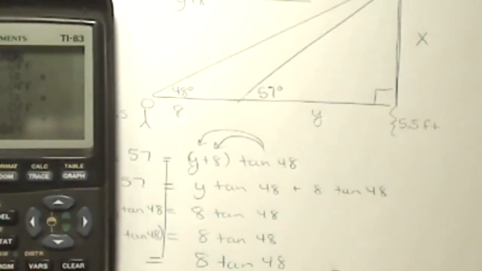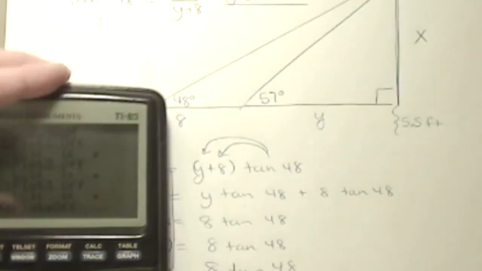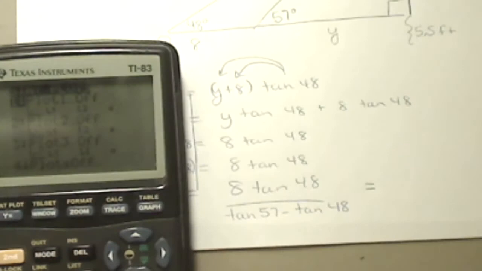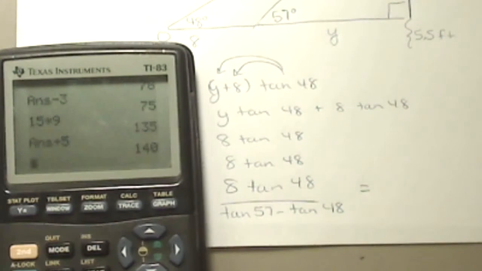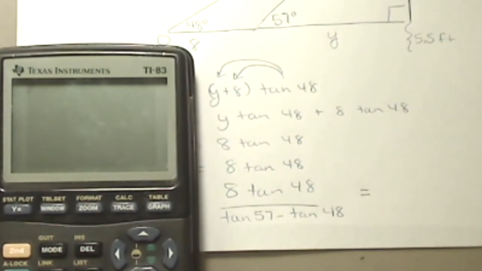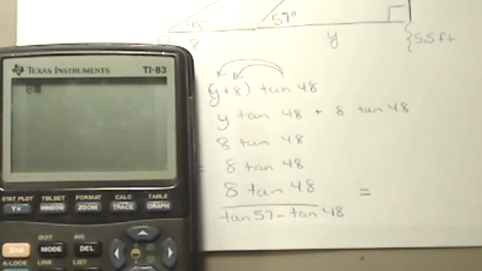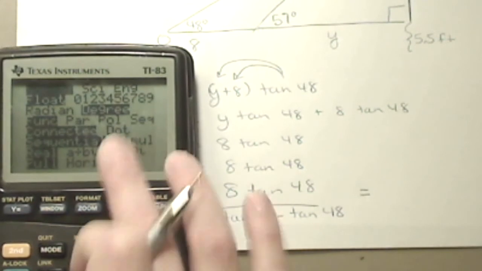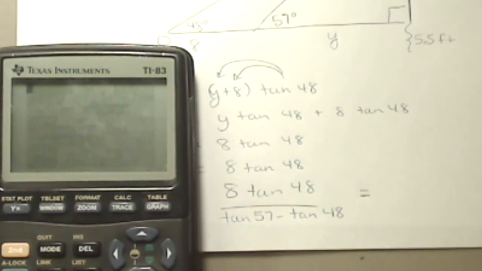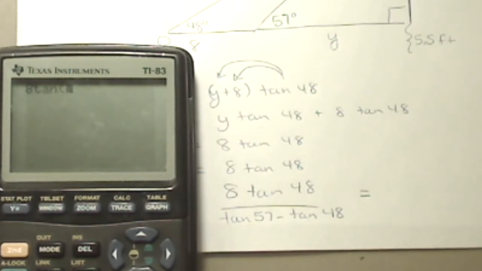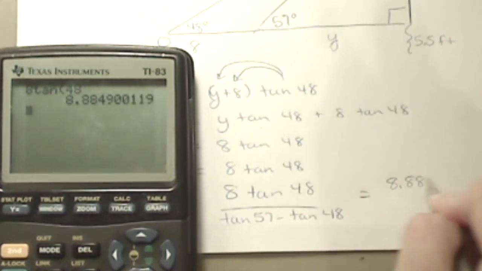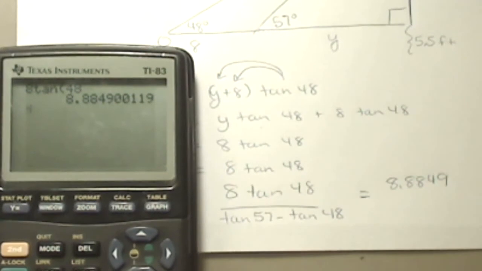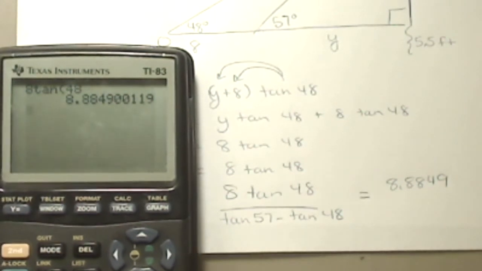So pulling out my calculator, let's clean this up a little bit. First check that it's in mode of degrees. We're good here. All right, I'm going to find 8 tangent 48, which I get as 8.8849. I always like to go to 4 decimal places until right at the end.